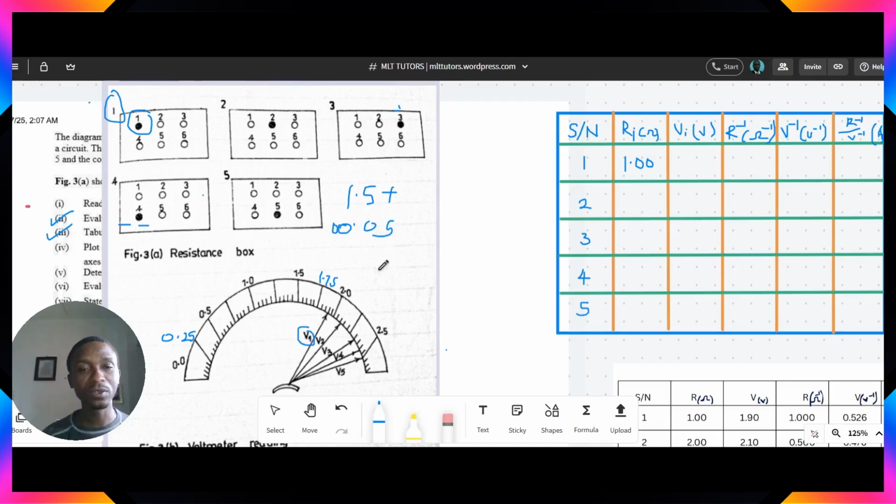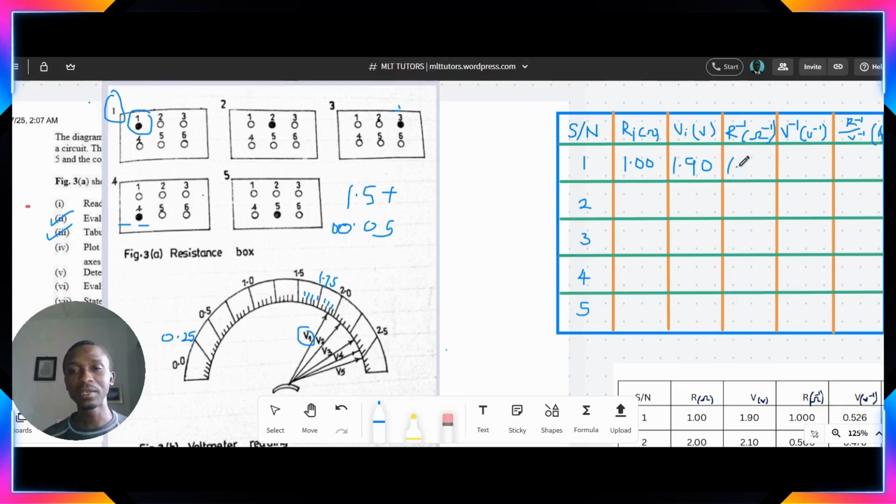Okay, so that should give us 1.55. So if this is 1.55, here is 1.6, here is 1.65, here is 1.7, okay, 1.75, that's correct. So this will be 1.8, this is 1.85, and this is 1.90. So the voltage will be 1.90. So each of those small calibrations actually represents 0.05.